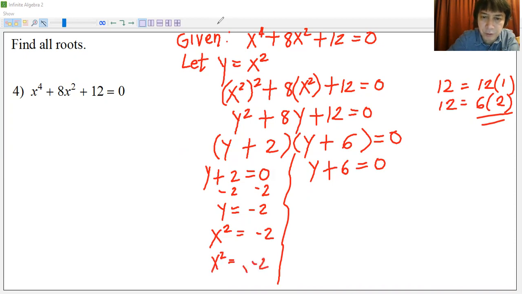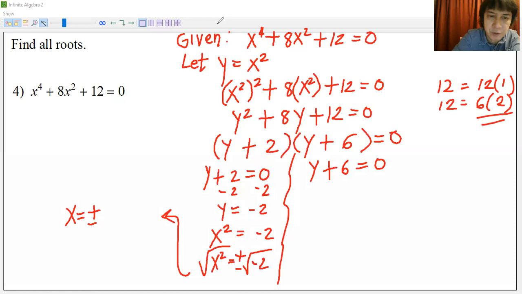We extract the square root, and this is plus or minus. All right, we have the first two answers. That will be plus or minus square root of 2 imaginary, okay? Because we have a negative 2 over there, square root of negative 2. So we will have imaginary there.